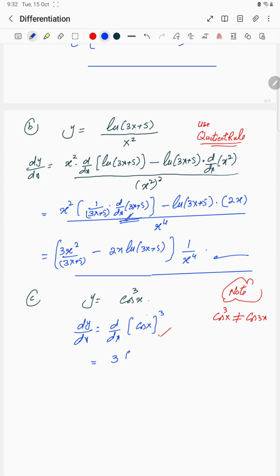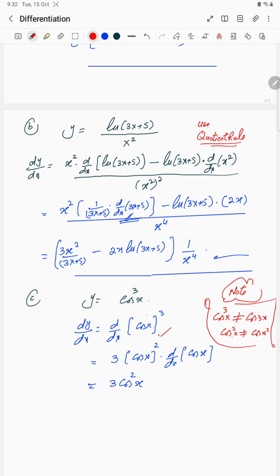We write the power, make it 1 less, and multiply by the derivative of the function whose power we have, that is cos of x. So I can write 3 cos square of x, not cos x square, because cos square x is not equal to cos of x square. This is with the angle squared, this is the function squared, so don't confuse them.